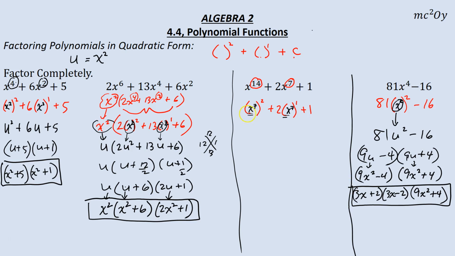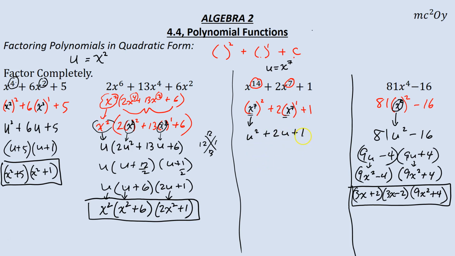The piece here where we have x to the 7th, you can make u equal anything here. We can say, well, u is going to equal x to the 7th. So we can now say, okay, rather than having x to the 7th quantity squared, we have u squared plus 2 times u plus 1.